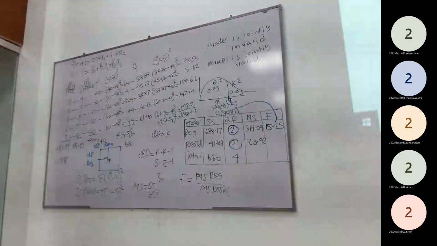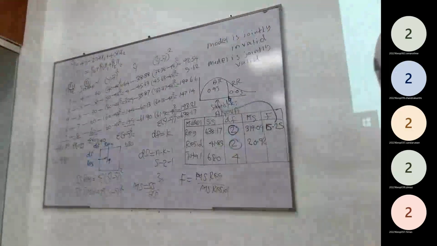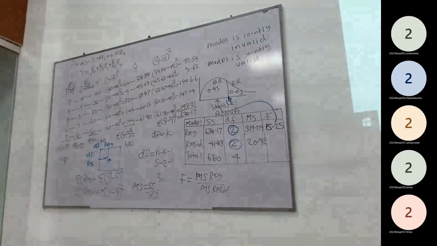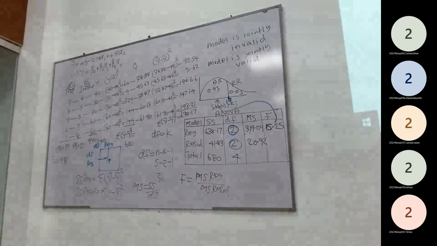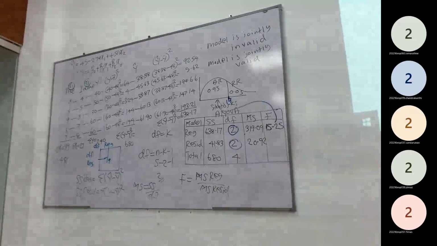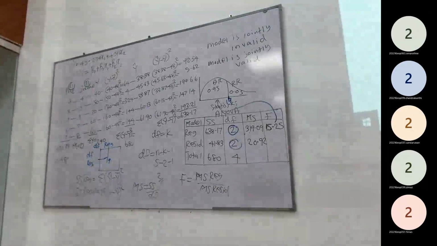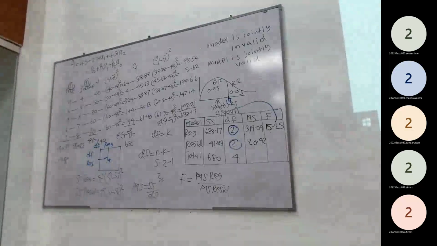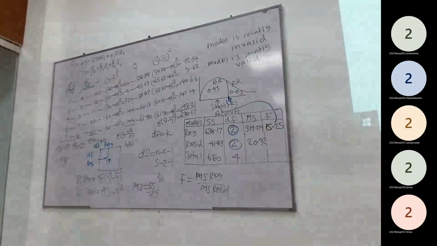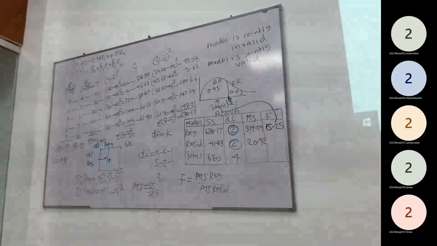Right, now we write the interpretation. The F test statistic belongs to the acceptance region. H naught is accepted.